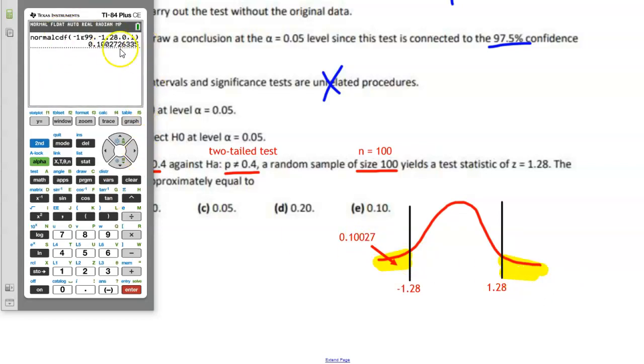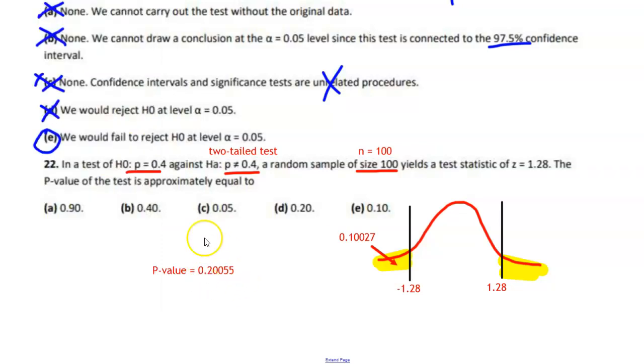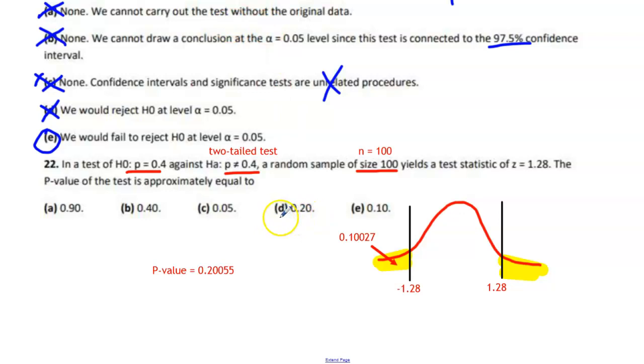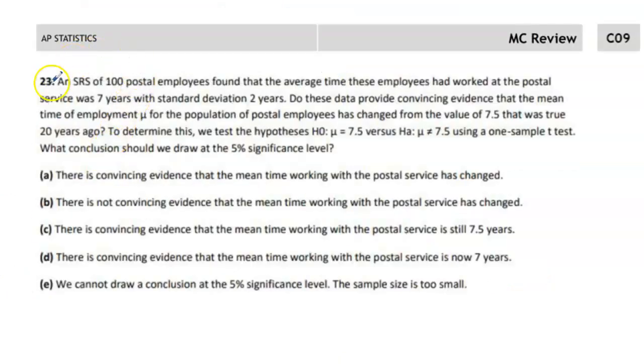Let's get that p-value by just taking this whole precise number and multiplying it by 2. Now we'll round it to 0.20055. So if this is my p-value, we're looking for the p-value of the test being approximately equal to something. Seems like 0.20055 is pretty close to 0.20. So let's mark that up. Not with a highlighter, but with a pen. Boom.